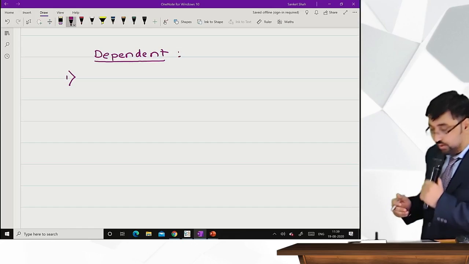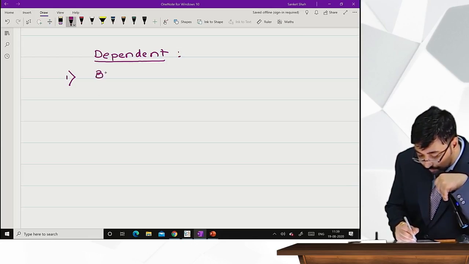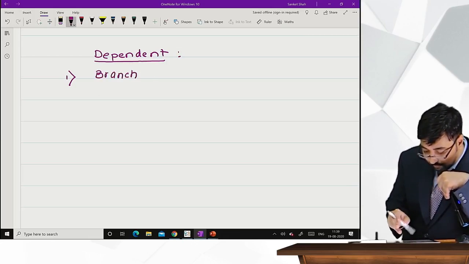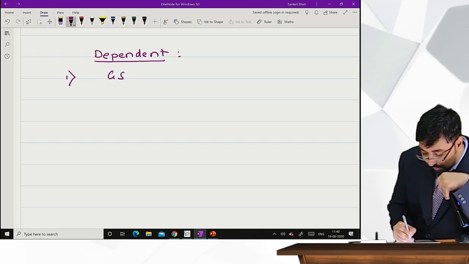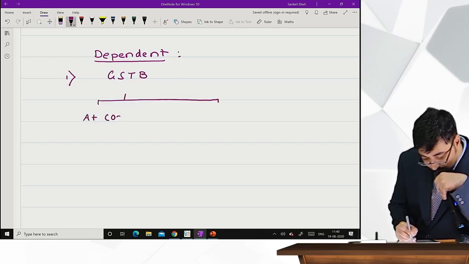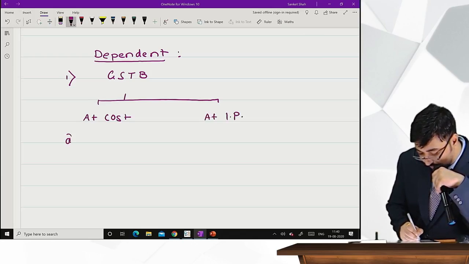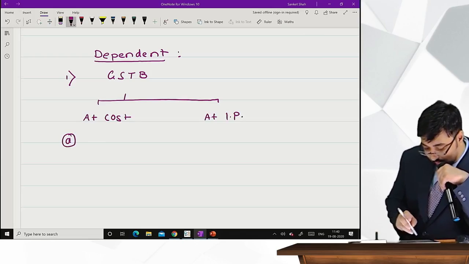In the next session we are going to see independent. So dependent: goods sent to branch at cost, and the second one is at invoice price. At cost, we have to see these methods.